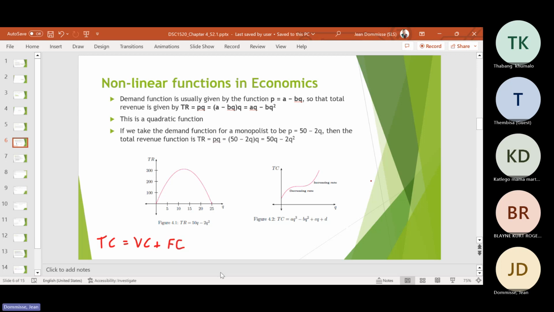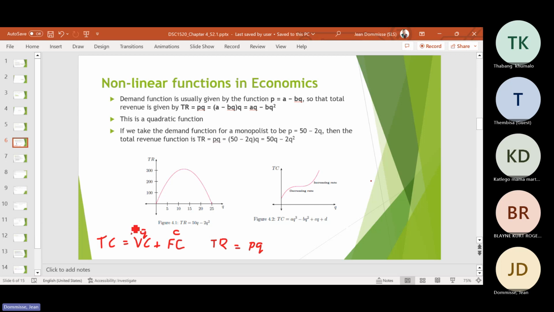And then we also looked at your total revenue, which was your price times Q. So total cost would have been a function, let's use a placeholder, normally something like C, and your revenue would have been a price times a quantity, but not the same price.